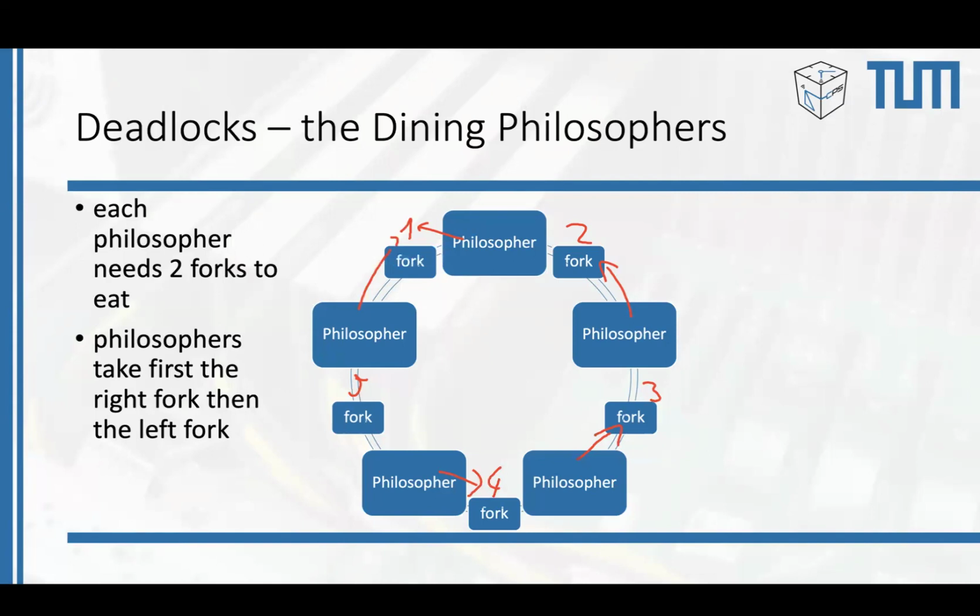Now, there are 2 cases. Either he can or he cannot. If he cannot, then he will wait on 1 until it's free. And 5 is free, so this philosopher will acquire 5, eat, then release both 5 and 4, then this philosopher will acquire 4, and so on.